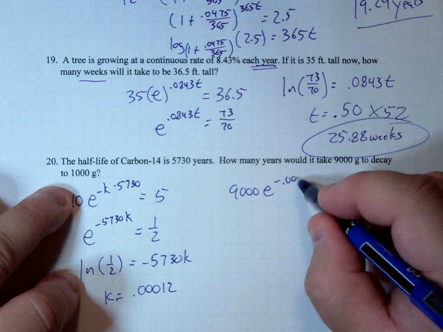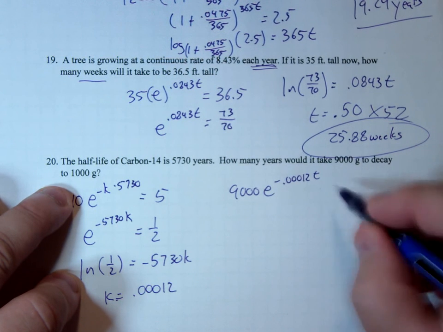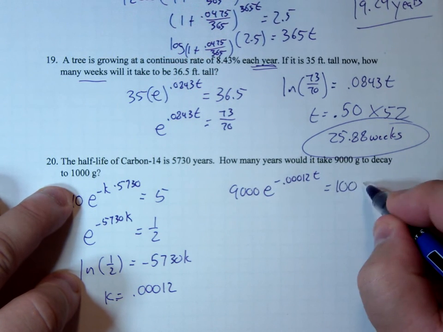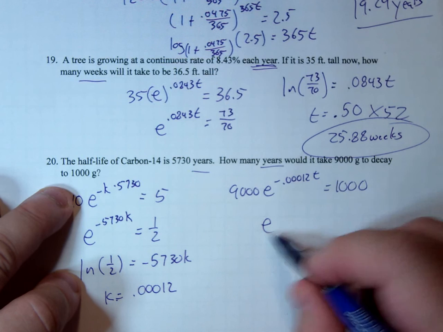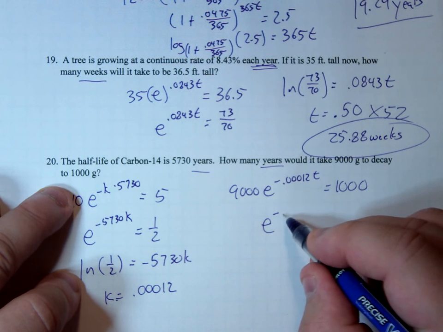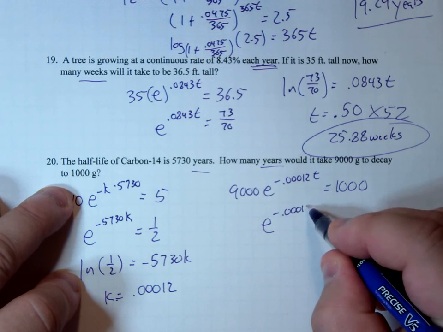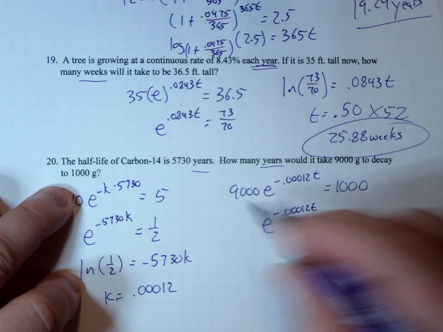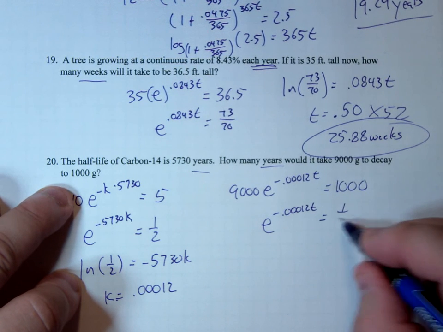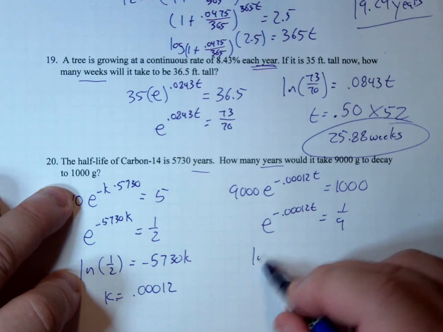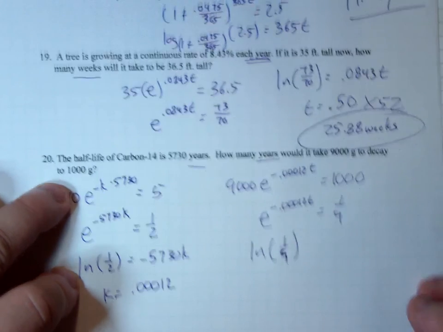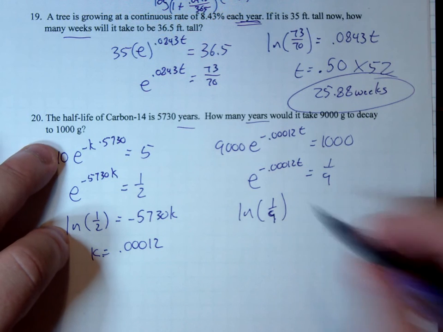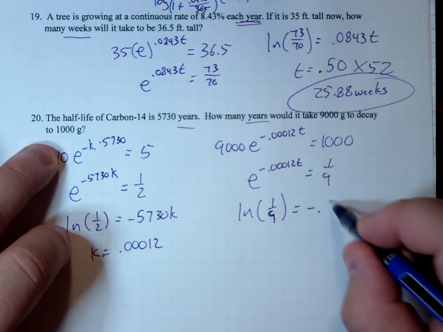Now use that to find out when will 9,000 grams e to the negative kt, how long will it take it to reach 1,000? And it's years, how many years, so don't have to worry about changing anything. When will e to the negative 0.00012 t, 1,000 divided by 9,000 is just 1/9. So the natural log of 1/9 equals negative 0.00012 t.